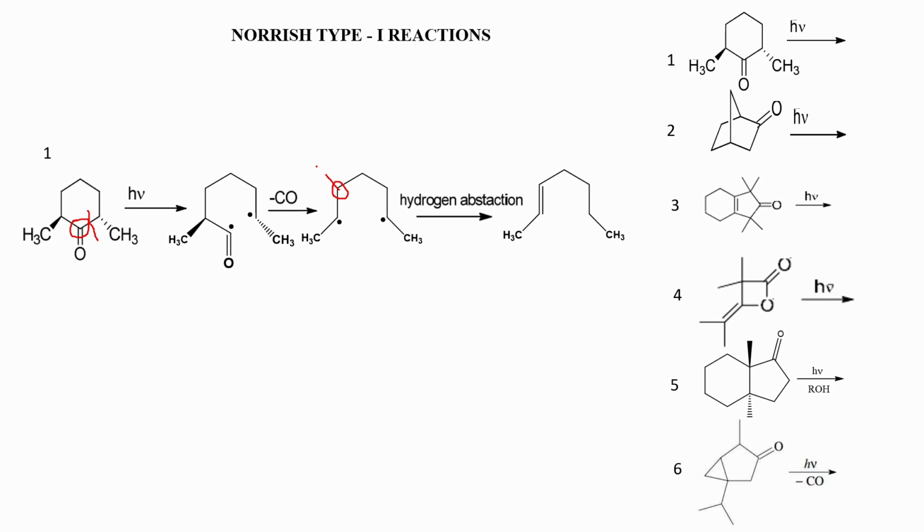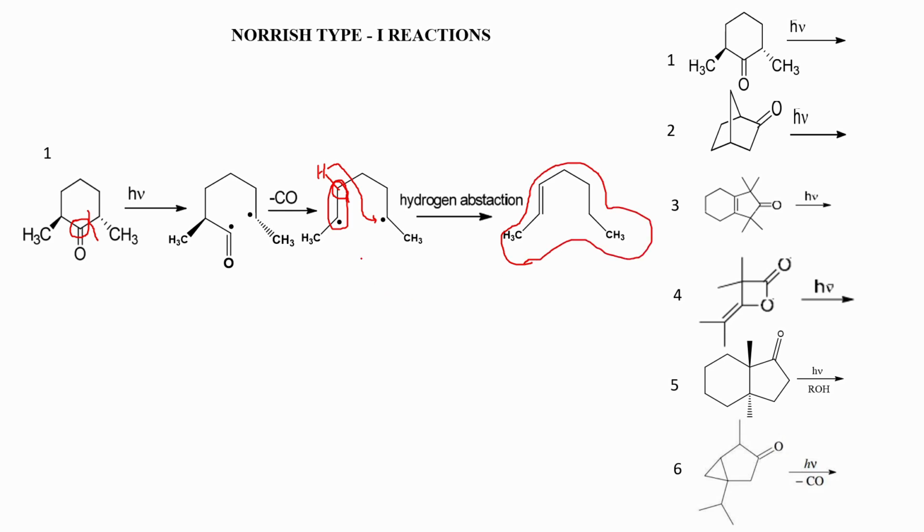Here is a hydrogen atom, the bond cleaved homolytically, and hydrogen radical will be abstracted by this radical, forming a double bond in this position. There will be a double bond in this position because of abstraction of hydrogen from this carbon atom to this carbon atom. Thereby we will get this alkene. This alkene is formed by this secondary reaction.